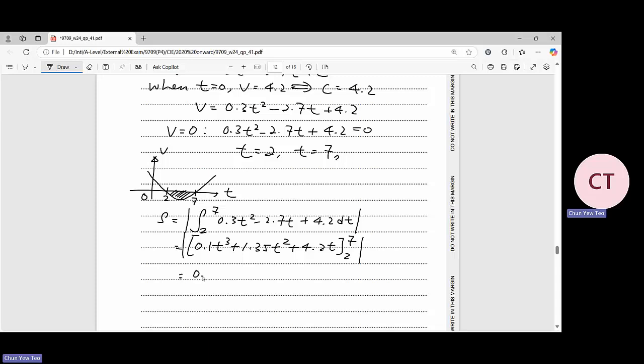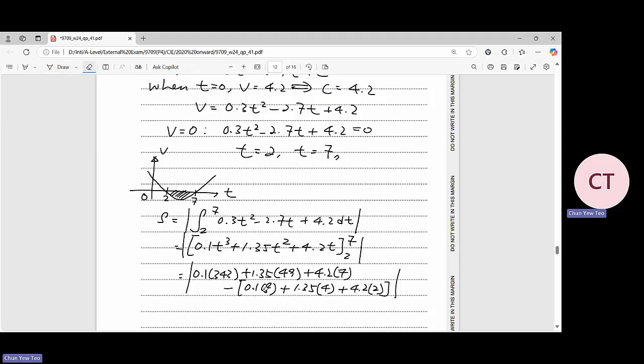So we get 0.1 times 343 minus 1.35 times 49 plus 4.2 times 7, minus 0.1 times 8 minus 1.35 times 4 plus 4.2 times 2. Okay, and the whole thing here, we modulus it.